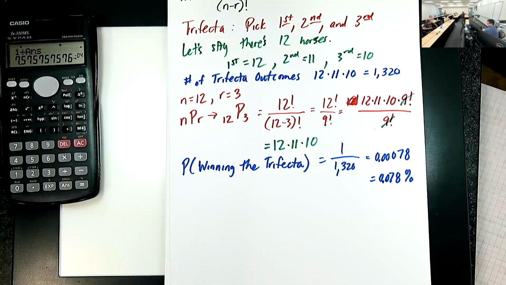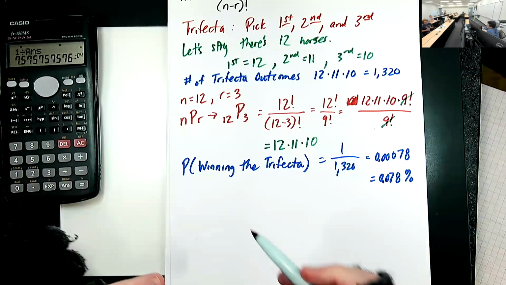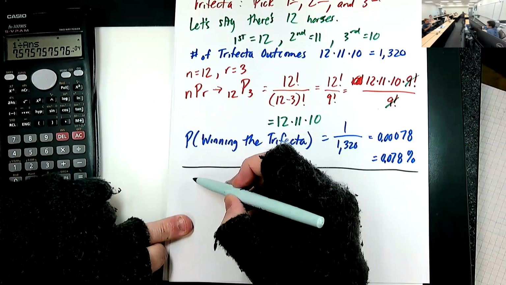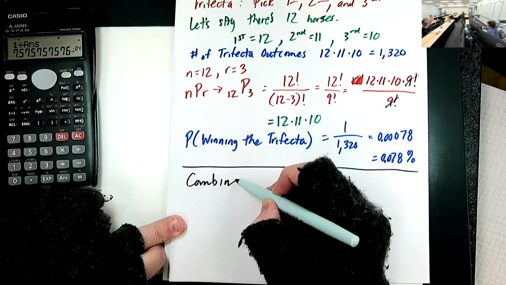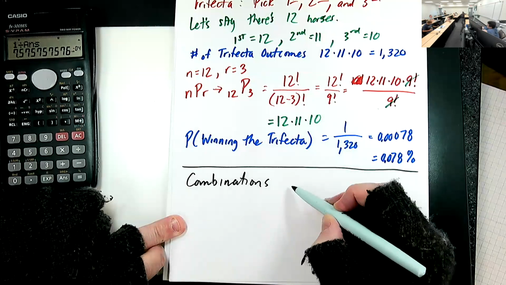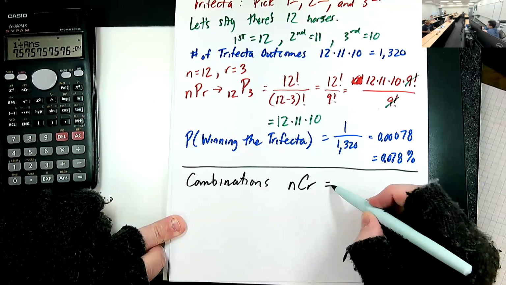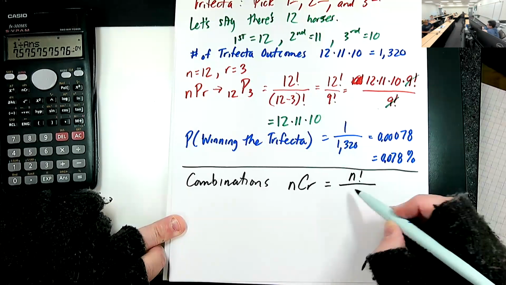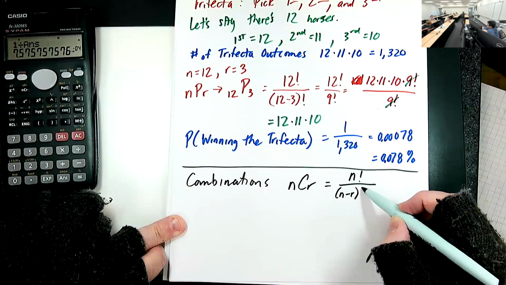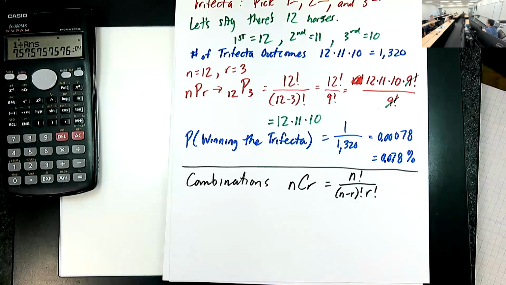That's permutations. When we look at combinations, nCr, it's n factorial over n minus r factorial times r factorial.